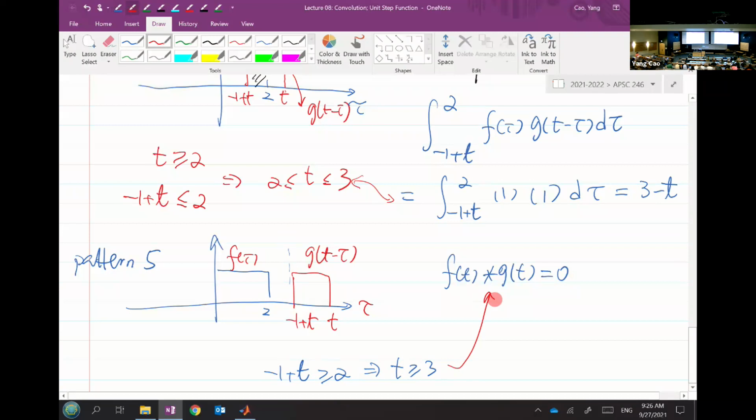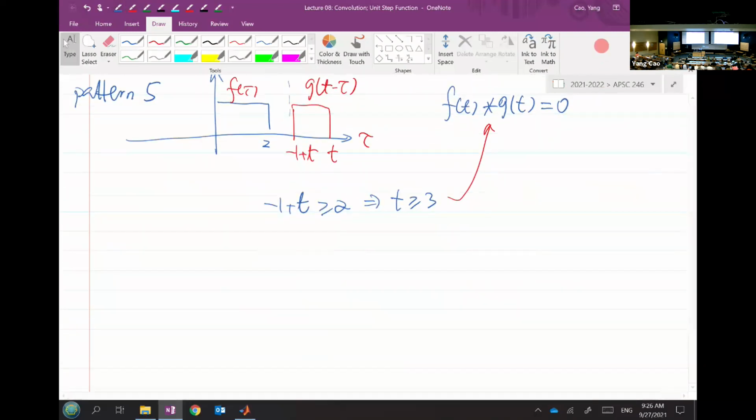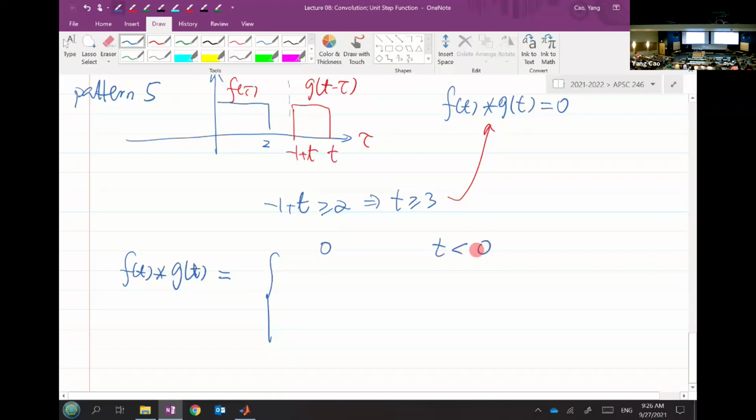And that's it. So there are technically 5 different patterns, right? So finally, you can summarize your convolution of f of t with g of t. Start with 0 when t is less than 0. The equal sign, I'm not going to be too picky, sometimes you can neglect the equal here, but then you put an equal on the next range.